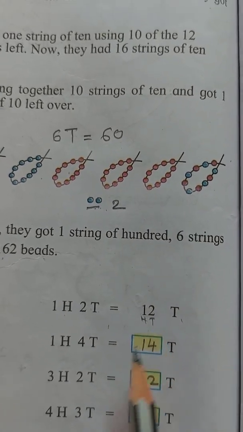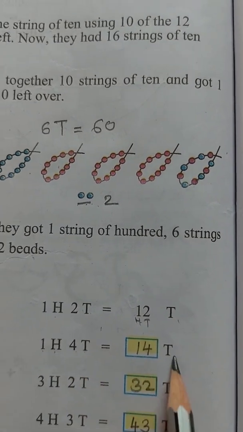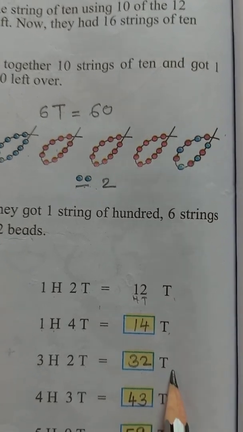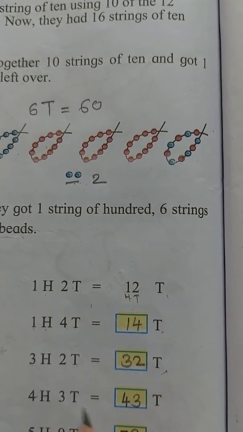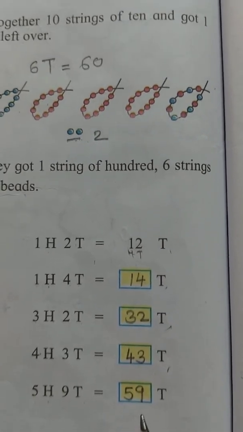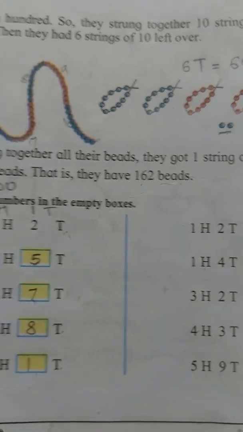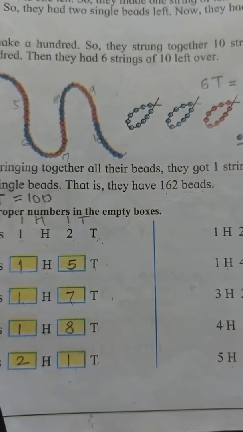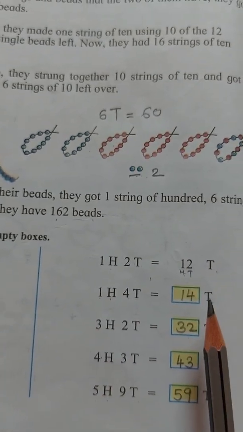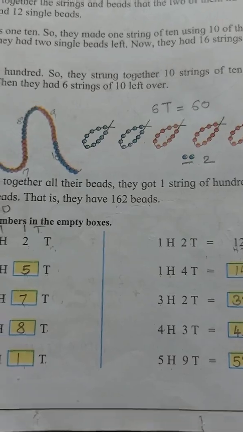So hundreds and tens, 104 tens, 14 tens. 302 tens will be 32 tens. 403 tens will be 43 tens. 509 tens will be 59 tens. So just like that, see, tens into hundreds and tens, and hundreds and tens into tens. So this you are going to complete in your textbook.